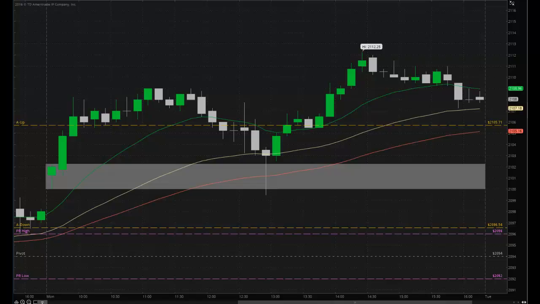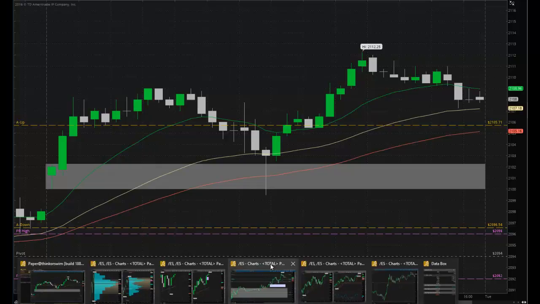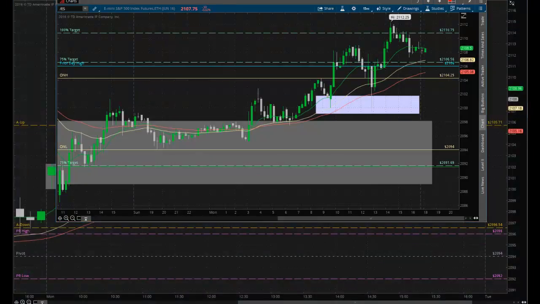The first trade that I want to talk about today is a buy during the opening range that was inside the overnight pivot range. Let me bring up that overnight pivot range. I've talked about this before. You take the overnight high, 2104 and a quarter, and the overnight low, 2094.